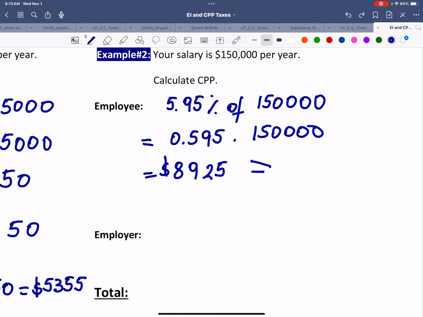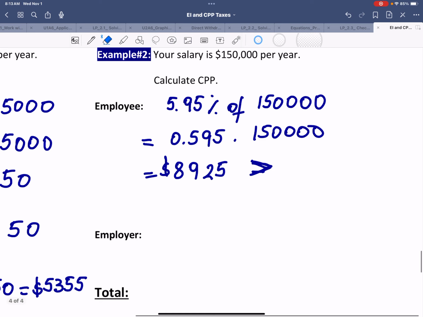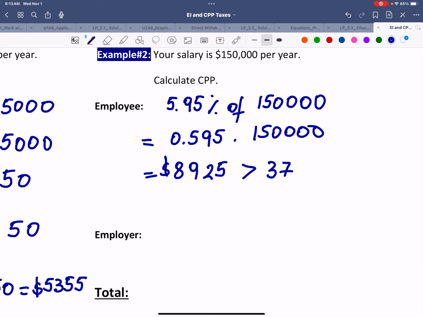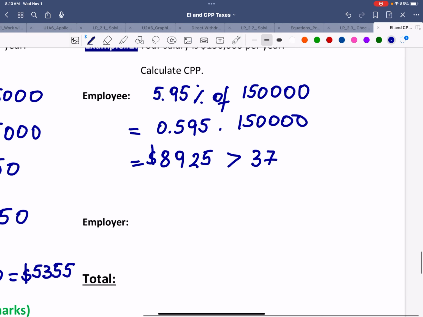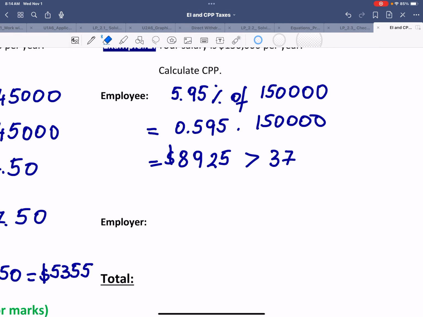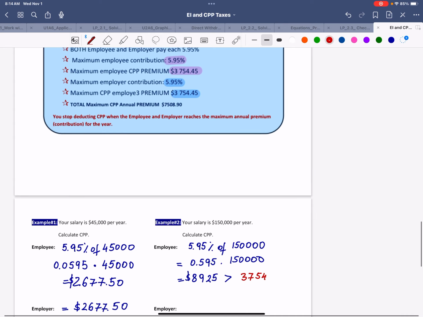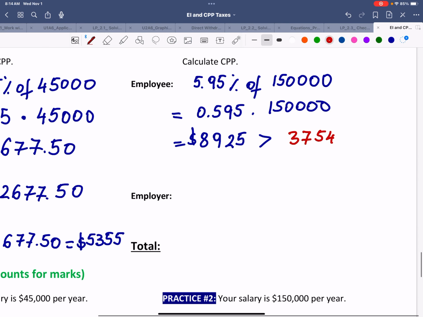So halfway through the year or less than that. So because this is greater than the $3,754, I'll make this red. And 45 cents.